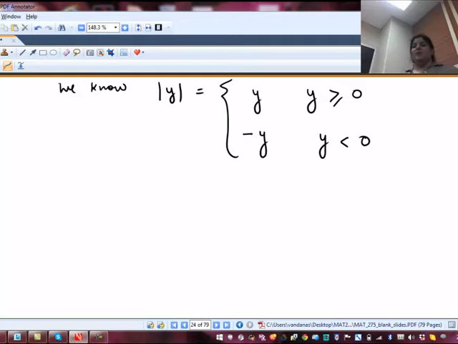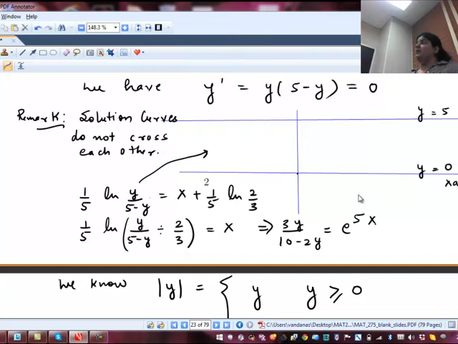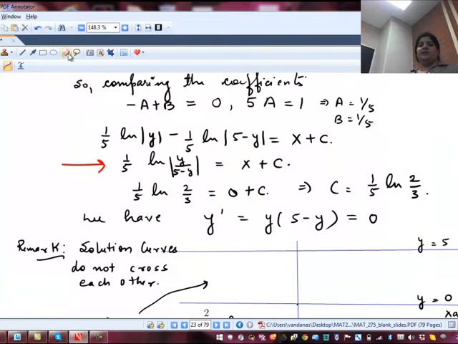So if y is below 0, like here, then the solution will be, we will be taking the same expression, but redefining it.